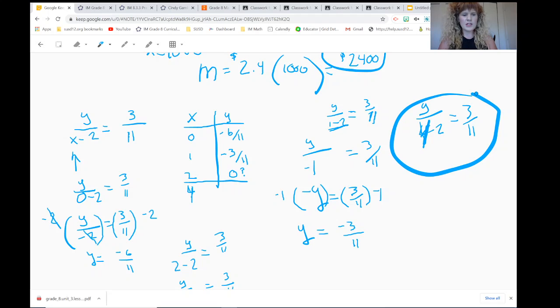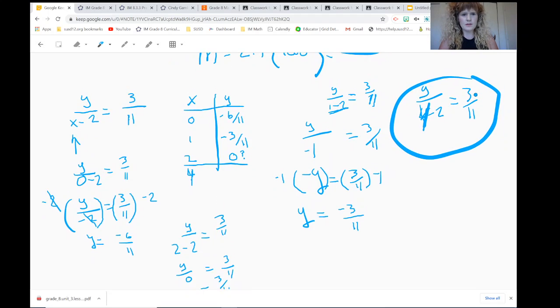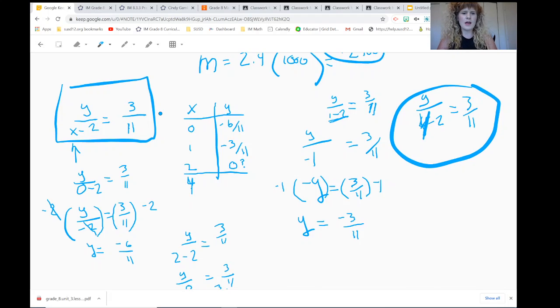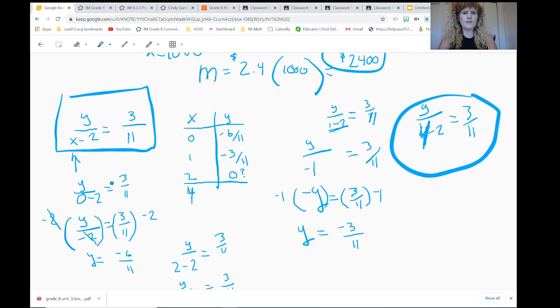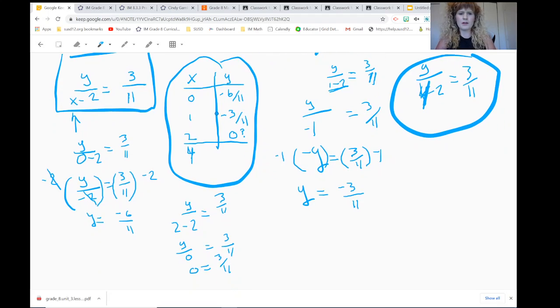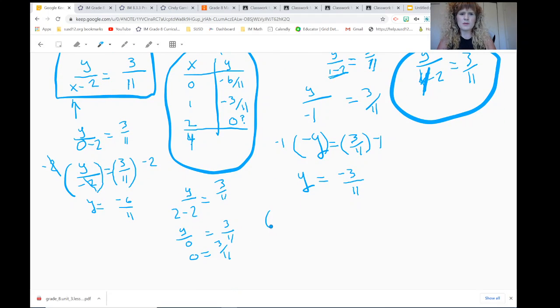And the question asked us, what are some coordinate points that are on this line? Well, we solved for them here in this table. But how are you going to write your answer in GeoGebra? You're going to write them as coordinate points. When x equals 0, y equals negative 6/11. There's one coordinate point.